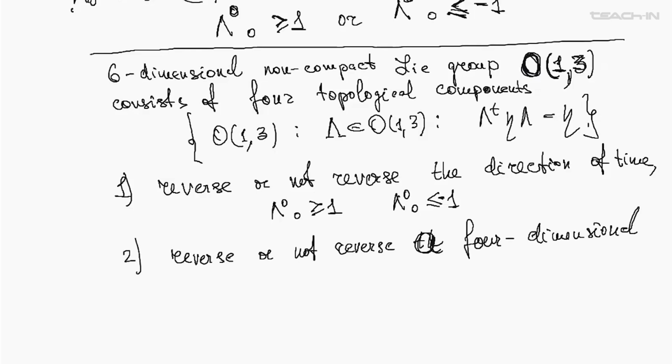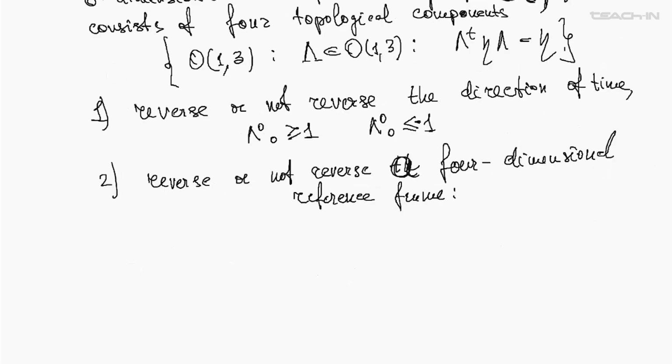And this is related to whether the determinant of the Lorentz transformation is equal to 1 or the determinant of lambda is equal to minus 1.